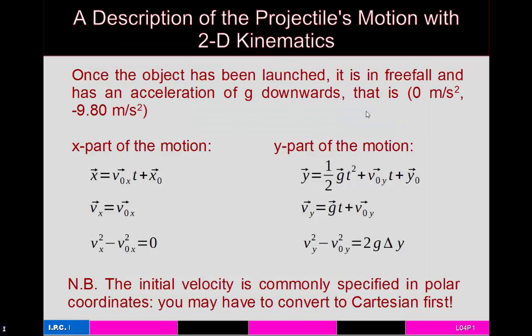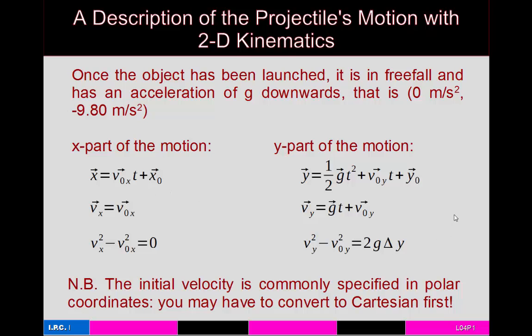Be that as it may, what we're interested in doing here is trying to describe a projectile's motion. A projectile is launched from some initial position, which might be x i-hat plus y j-hat, or x naught and y naught in these equations.